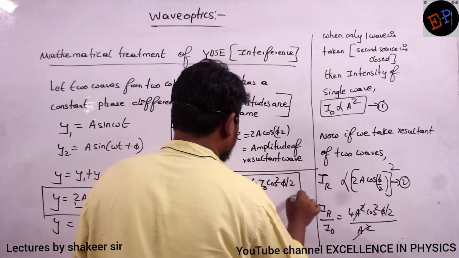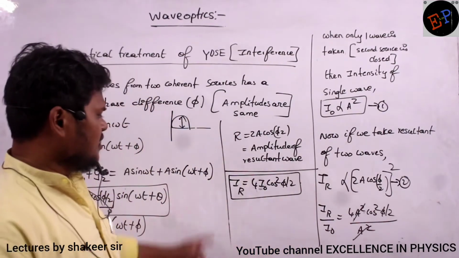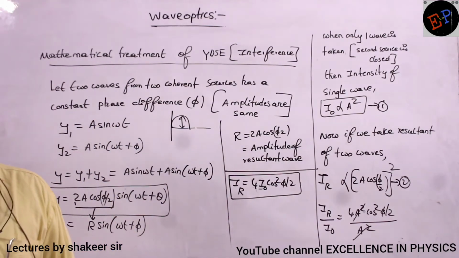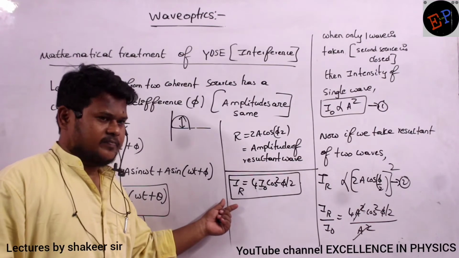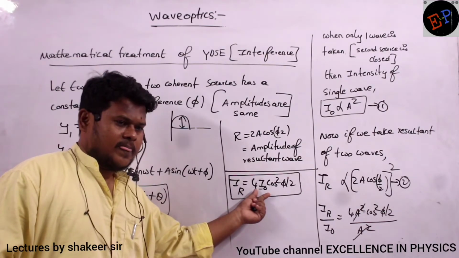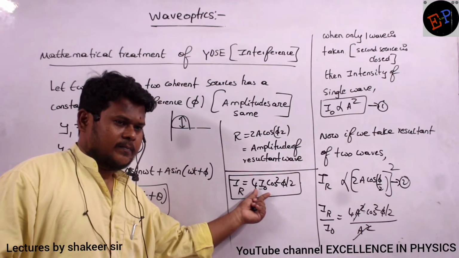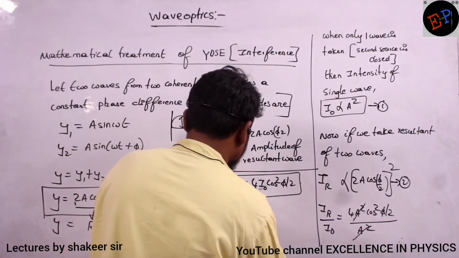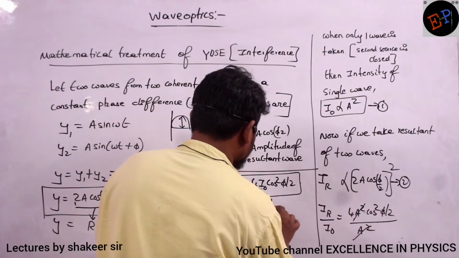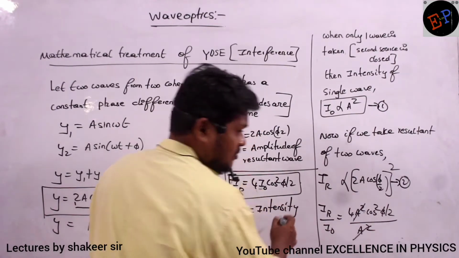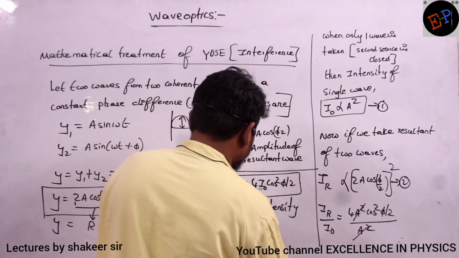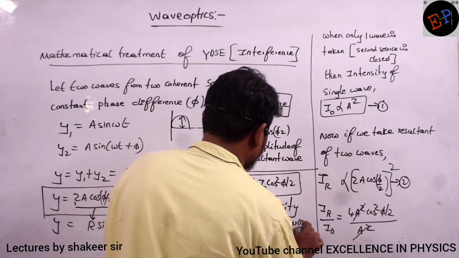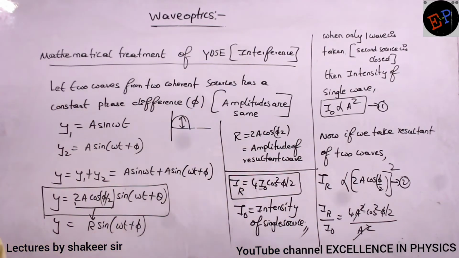This is the equation to calculate the intensity of the resultant wave. And what is I naught? The intensity of a single wave. That you should not forget. I naught is the intensity of a single wave or single source of light. Understood?